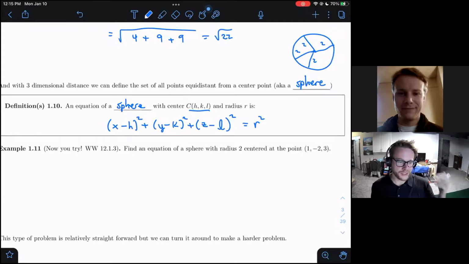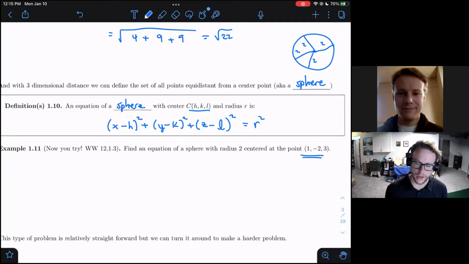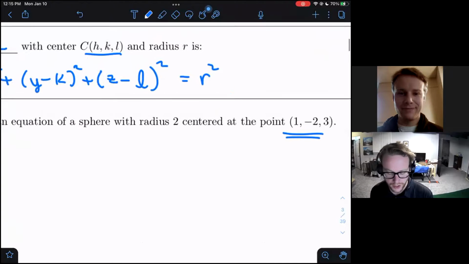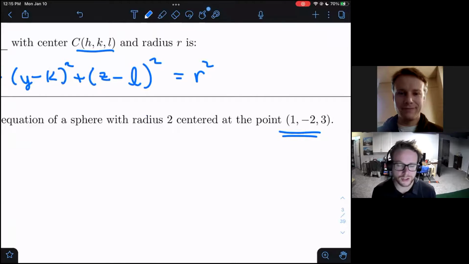So here's a relatively simple problem to try. In the interest of time, why don't we just do this one together. Then we've got 2 more problems on the next page, but this is based off of one of these WebWork problems. We want a sphere of radius 2 centered at some specific point.